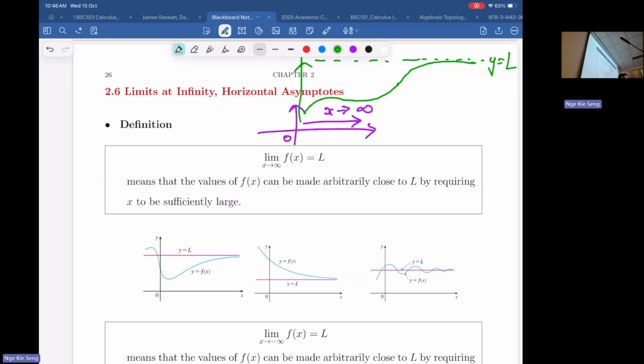There's a property we call dense. The real numbers are dense. Infinite is not enough, because 1, 2, 3, 4, 5, 6, 7, 8 is also infinite, but there's a distance between them. Our real numbers have a very special property: no matter how close two numbers are, you can still find a number between them.